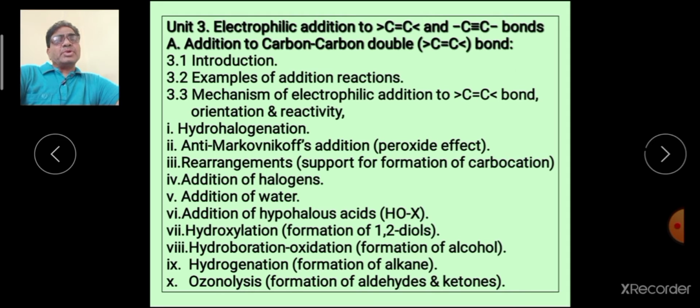These reactions we are going to study: hydrohalogenation, anti-Markovnikov addition, that is the peroxide effect, rearrangements, then addition of halogens, water, hypohalous acid, then hydroxylation, hydroboration oxidation, hydrogenation and ozonolysis.